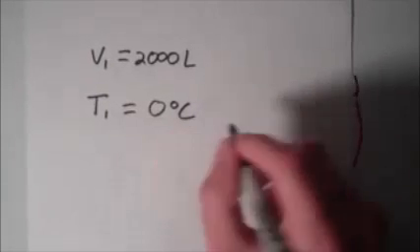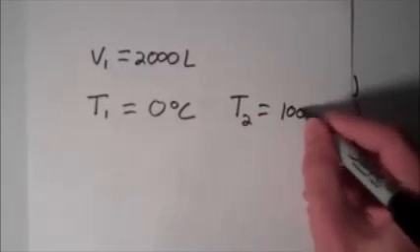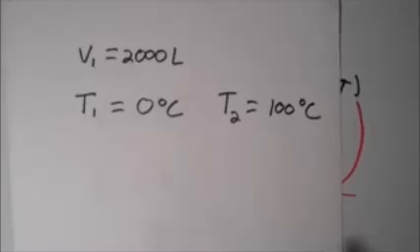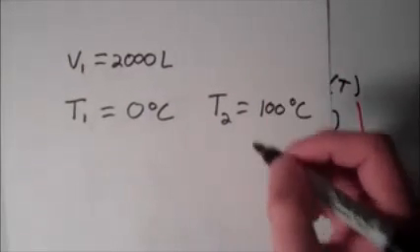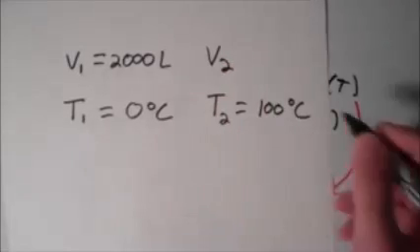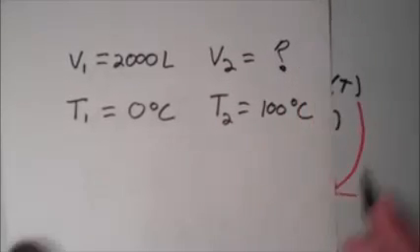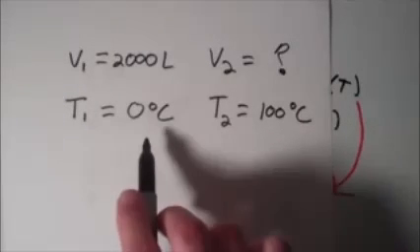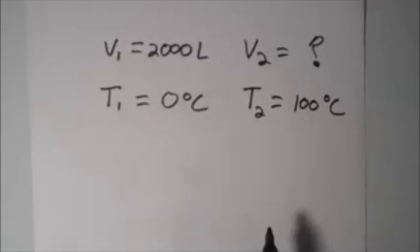If I were to increase the temperature of this gas to 100 degrees Celsius, so T2 equals 100 degrees Celsius, so it goes from 0 to 100, then what would be the volume of the new gas? So to what volume is this gas going to expand if I increase the temperature from 0 degrees Celsius to 100 degrees Celsius?